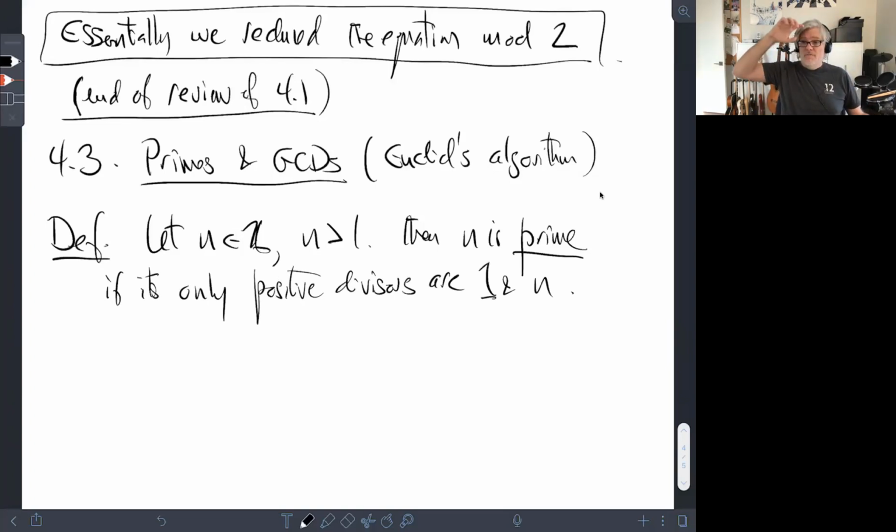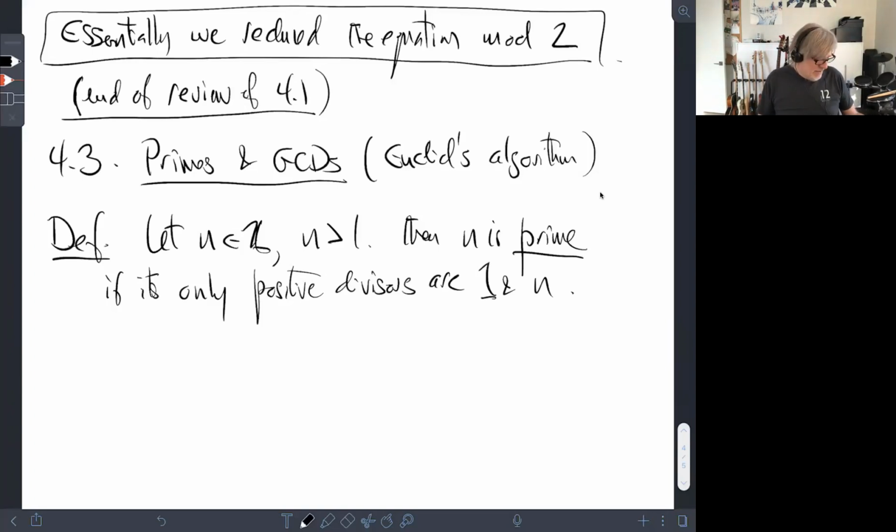Now if you don't add this condition that n is bigger than 1, that would make 1 prime. So 1 is only divisible by 1 and itself. But having 1 prime is very inconvenient. So we don't consider 1 to be prime, but it's a matter of convenience. We choose to define primes so that the smallest prime is 2.